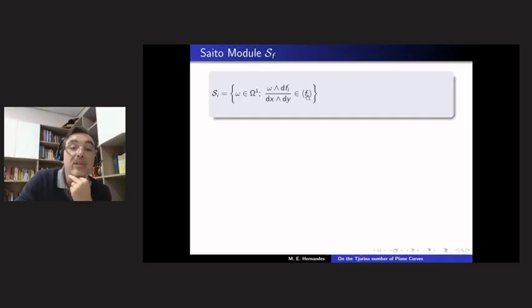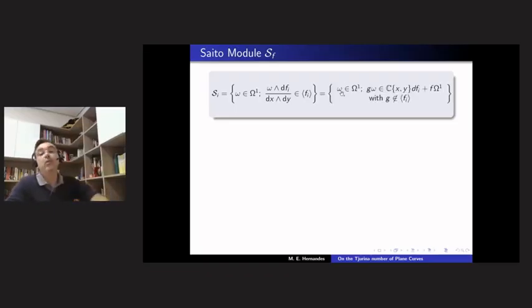We can rewrite this Saito module, this set, in this way. Consider the differential one-forms with the following property: there exists no multiple g of f_i such that g times the one-form belongs to this module.